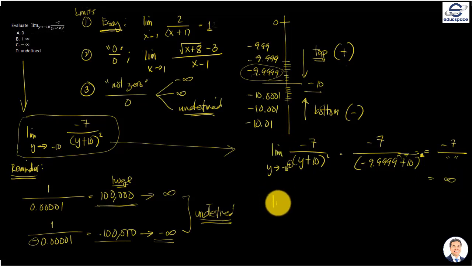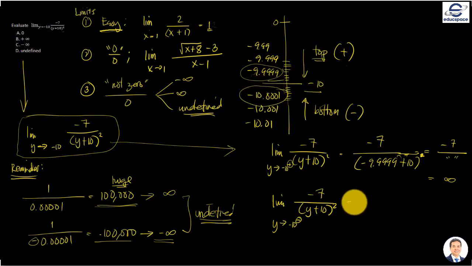While if the limit of -7 over (y plus 10) squared is approaching from the bottom, so we take the negative sign, -10 here. We have values approaching -10 from the bottom. So let's take this. What will happen? -7 and then (-10.001 plus 10) squared.